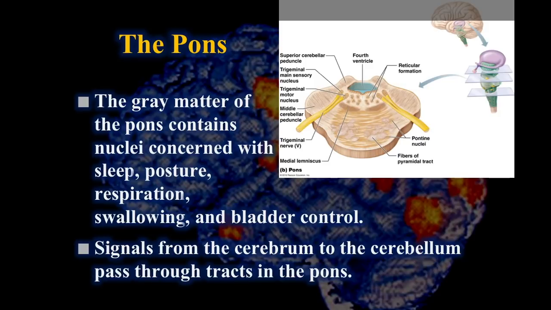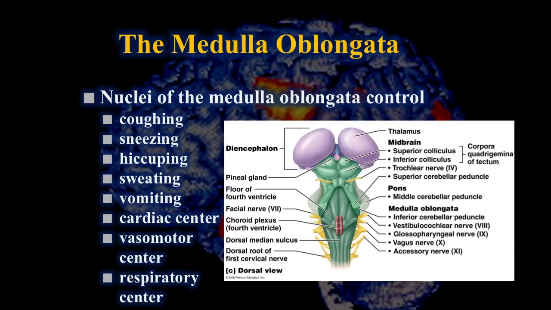All right, so we're moving down a little bit farther. The last stop on the brain stem is the medulla oblongata. This is where we're going to throw everything that we have left that is involuntary. So this is the part of your brain that controls all the other things that you don't really think about during the day that just happen.